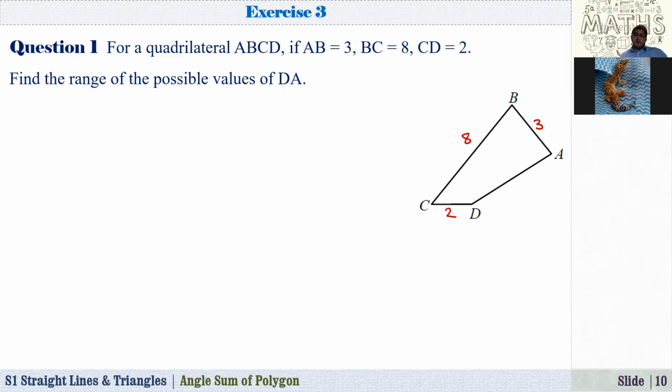Also, for any polygon, the sum of n minus 1 sides must always be greater than the length of the last side. It's always true.